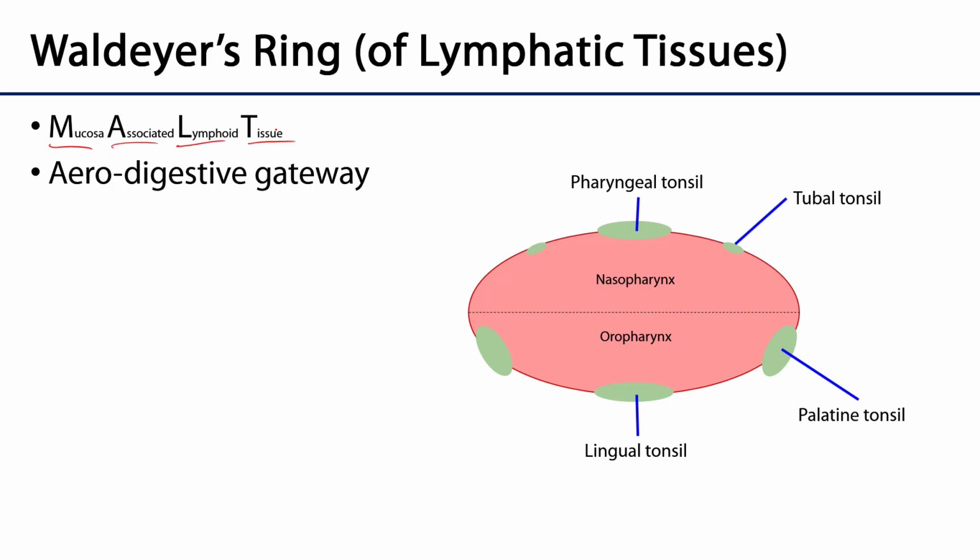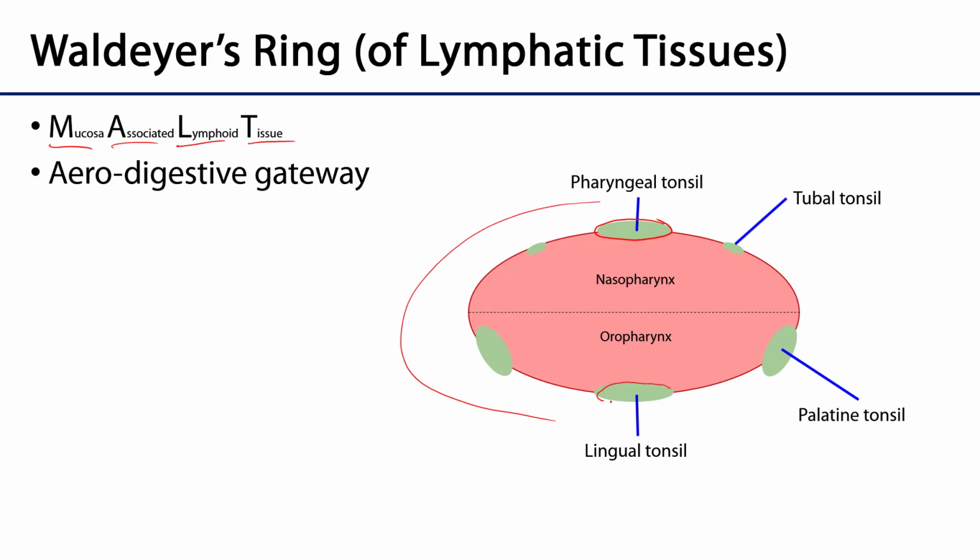Waldeyer's ring consists of MALT tissue from both the nasopharynx and the oropharynx, and if we were to describe a circle about this, or a ring, we would see that at the superior portion of this, so at 12 o'clock, we would have the pharyngeal tonsil.